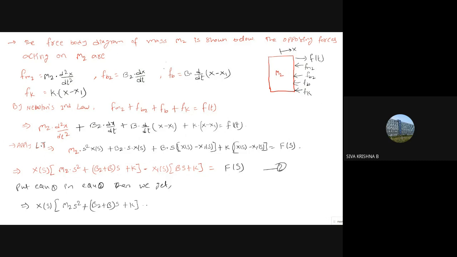That's enough up to here, and minus x of s into, see the previous one, bs plus k by one more bs plus k is here, right? m1 s square plus b1 plus b into s plus k1 plus k into bs plus k equals f of s.